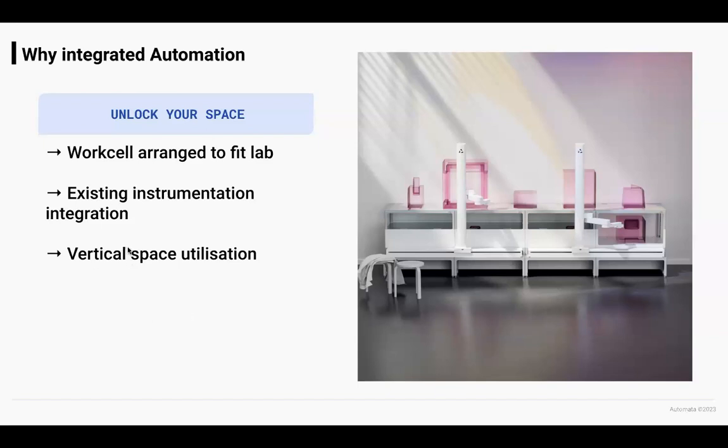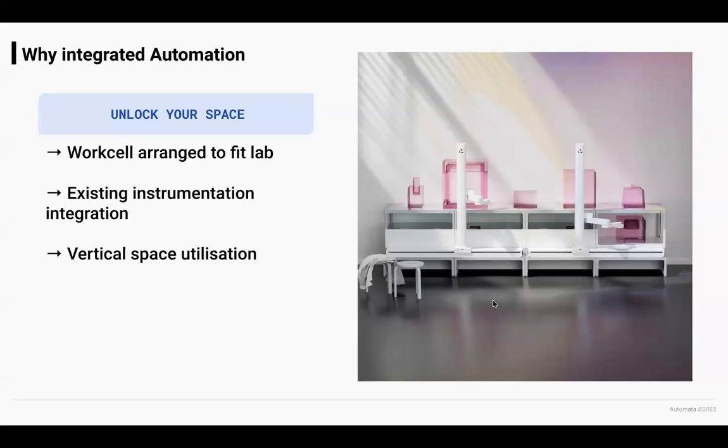And then also, a lot of the time we can use a lot of the instrumentation that you already have. So you're saving space because you don't need to get additional instrumentation. That's a really cool way to use your current laboratory space, by using the instruments you already have. And you might see on this picture at the very end, there's a mock-up of an instrument on the layer where the transport layer is.